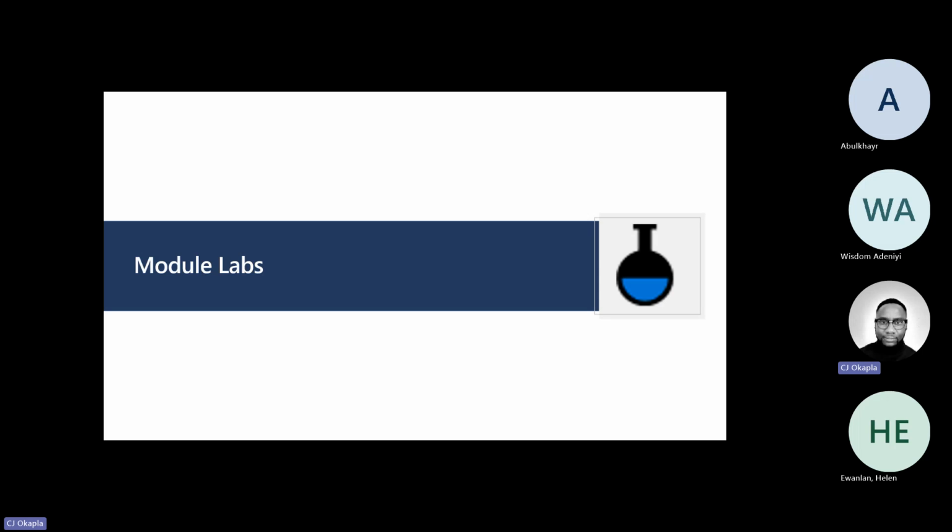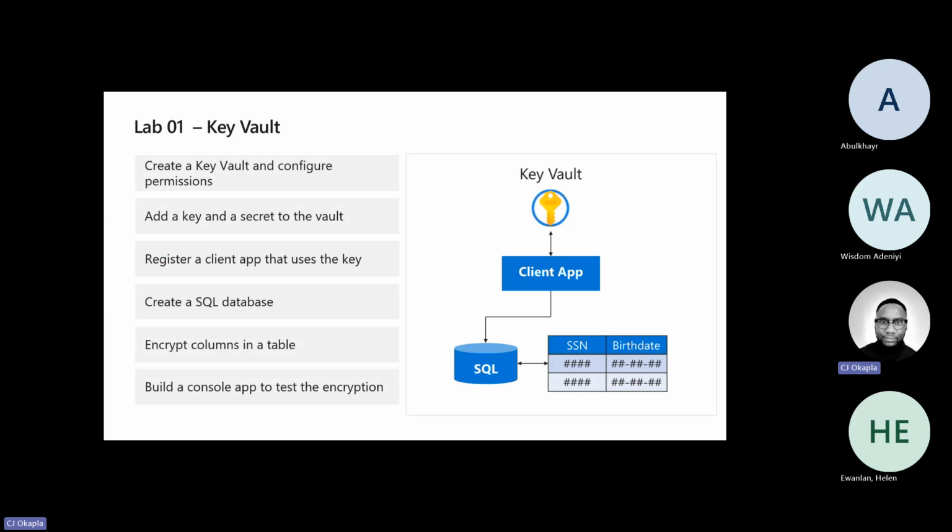So this lab is something you will do at home. I've already detailed how to do it and how to approach it. Just look at the slide and then practice it at home. The lab involves how to create a key vault, configure the permissions, add the key and the secret to the key vault, and then register the client application that uses the key.